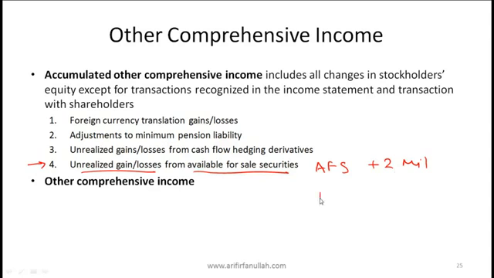So let's say that you originally bought a security for 10 million. At the end of the year, the value of that security is 12 million, and you have not sold it. So the gain of 2 million is unrealized. On the balance sheet, you are now showing that financial asset at fair value, which is 12 million. So on the balance sheet, our total value of our assets will show an increase of 2 million.